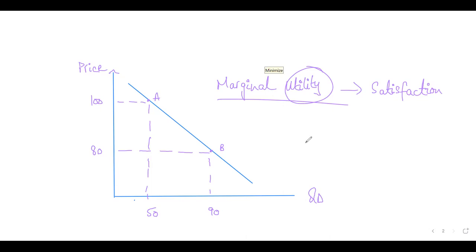Total satisfaction will increase. Now, students, that's a good question. Zohan is saying the more you consume, the less satisfaction you get. No, no, no. Here's the thing, this might be a little tricky, but let me explain. Total utility is different from marginal utility. Total utility means the total satisfaction that you get from a certain thing.